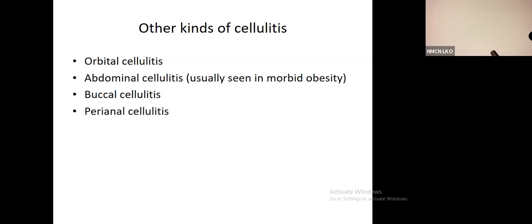Buccal, the mouth has got a huge variety of organisms. So you can name any kind of organisms, but anaerobes will already be there. Abdominal depends on what is initiated. If it is superficial cracking or something like that, then again it will be rapid.